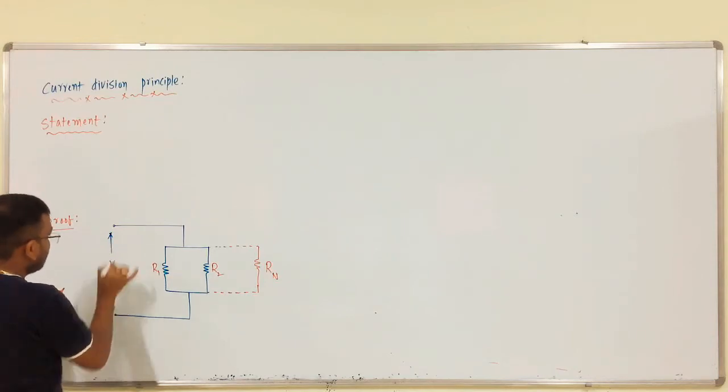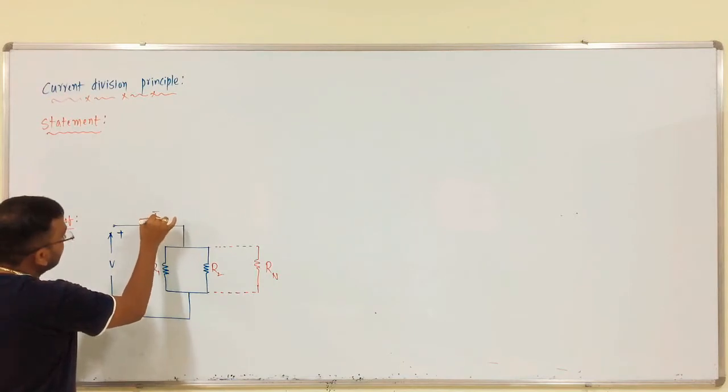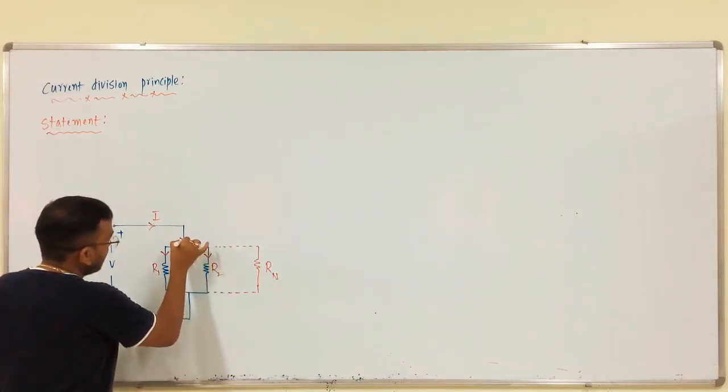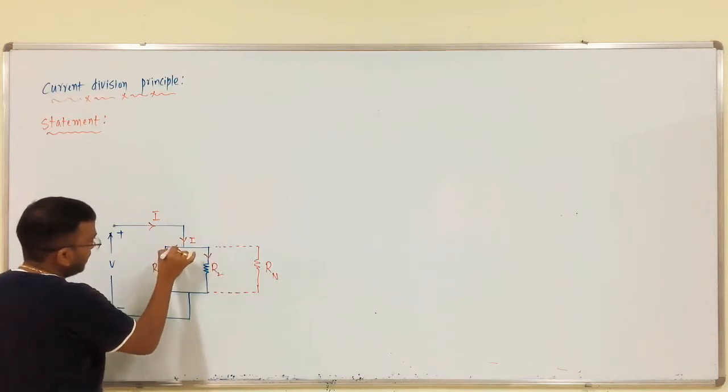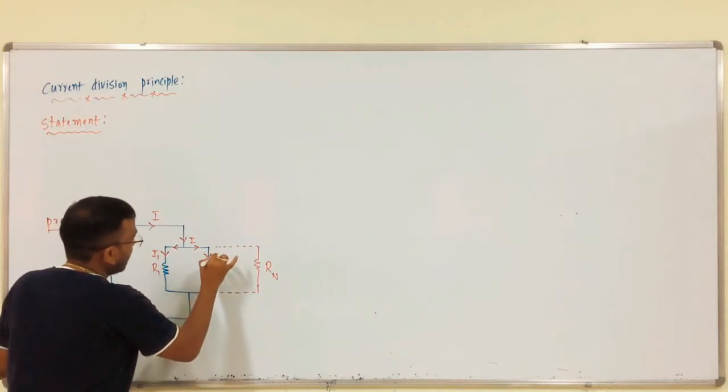This is the voltage, plus and minus, and this is the current I, and the current can be split. Up to this point the current is I, right? The current splits here. This is I1, this is I2.